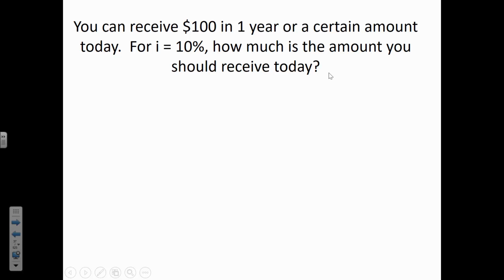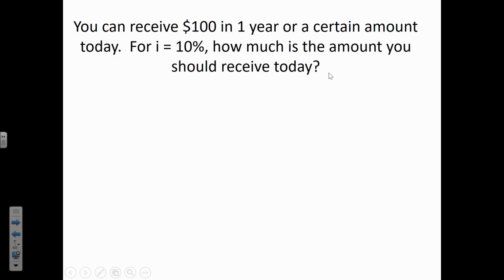What are our periods? What's the unit of time for our periods? Years. So how many years have we got? 1 year. Good. Now, what about P versus F? Which is given and which is the unknown? P is a question mark, F is 100.